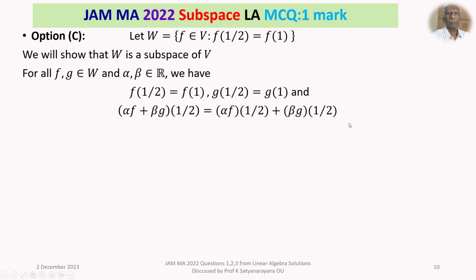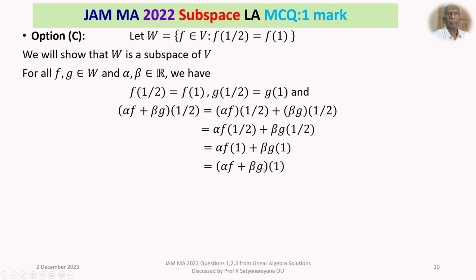It is vector addition in the vector space. And this is equal to alpha times the value of f at 1 by 2 plus beta times the value of g at 1 by 2. It is scalar multiplication. And f of 1 by 2 is f of 1, g of 1 by 2 is g of 1. So alpha times f of 1 plus beta times g of 1. This is alpha f plus beta g at 1.